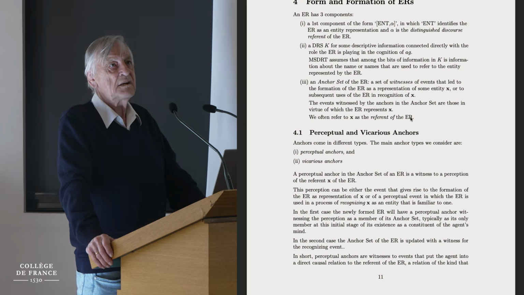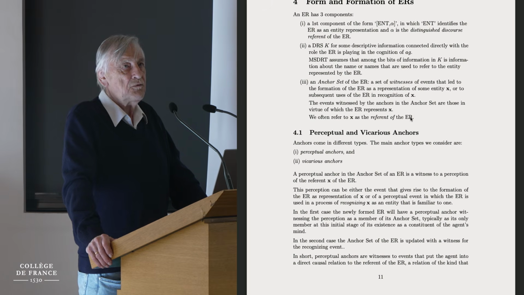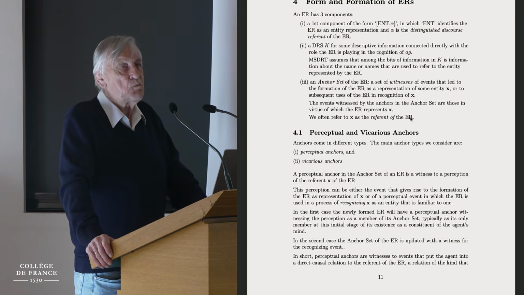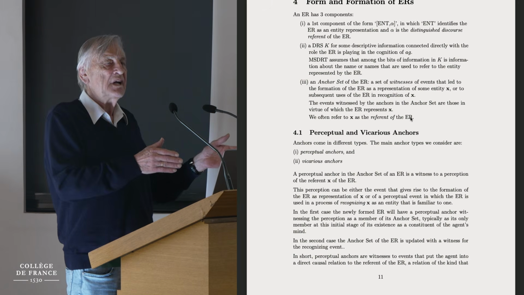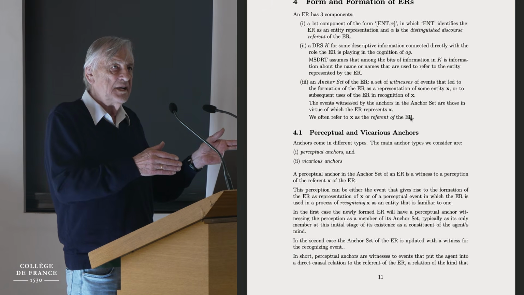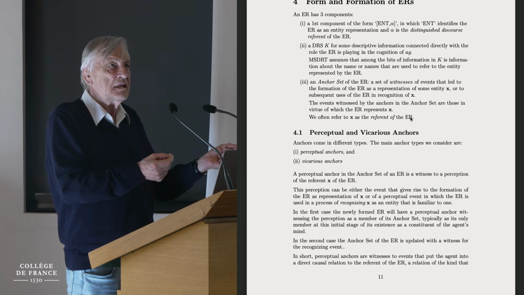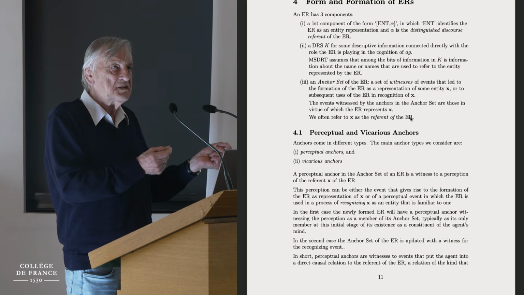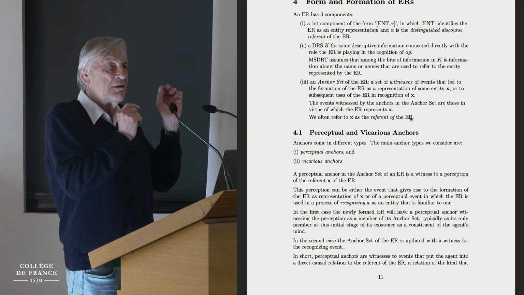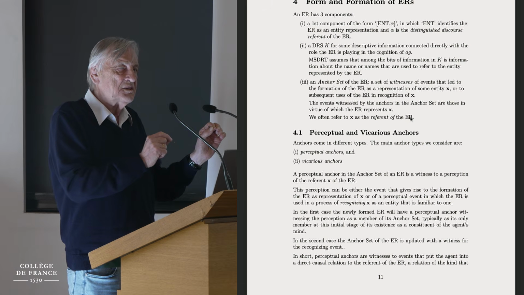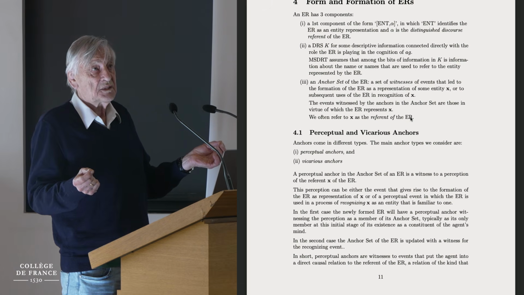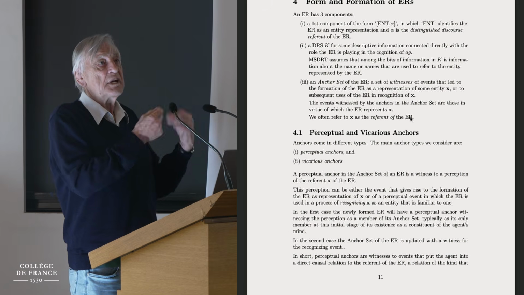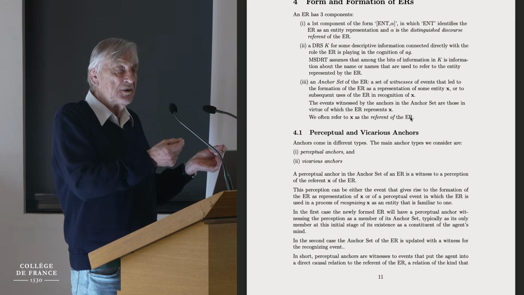Vicarious anchors are witnesses of events in which somebody other than the agent is making what the agent takes to be a reference to some object in the world by using, for instance, a proper name for that object.